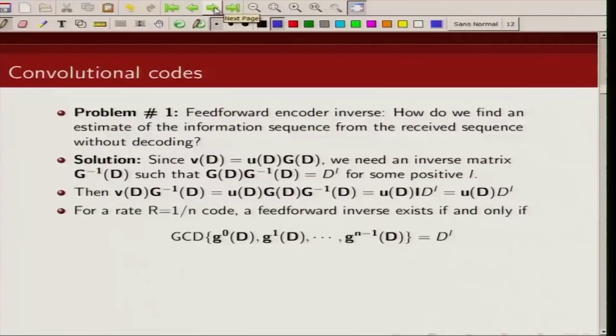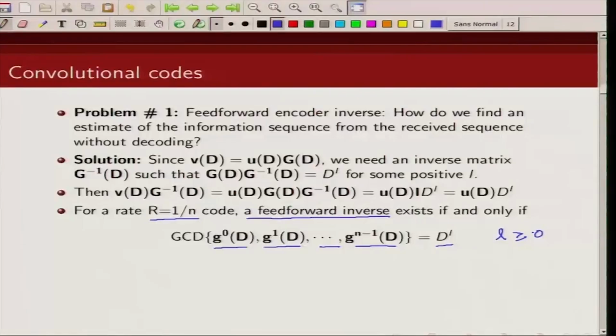I am now stating without proof the condition under which a feed forward encoder inverse exists. For a rate 1 by n code, a feed forward inverse will exist if the greatest common divisor among the n generator sequences is some delay element D^L, where L is greater than or equal to 0.